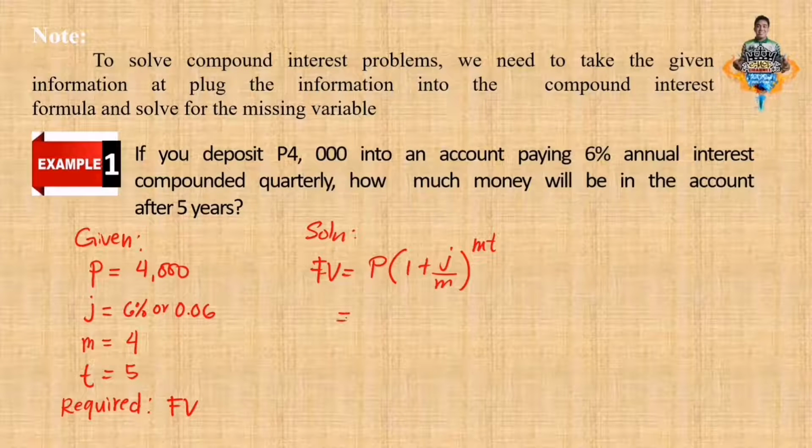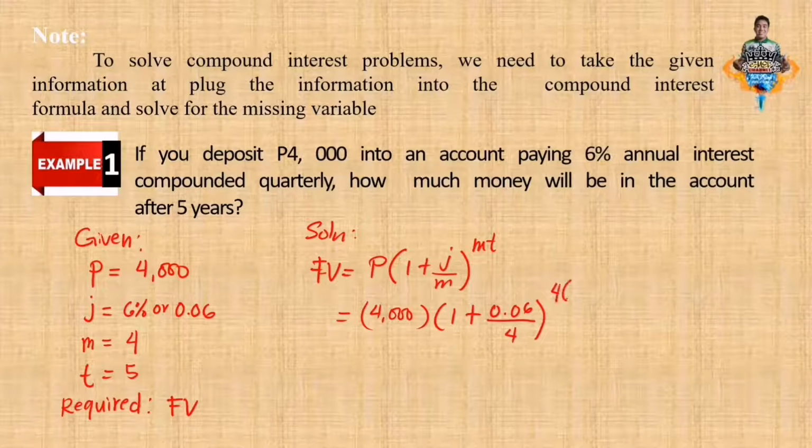Okay, so let's do the substitution. That is 4,000 times (1 plus J is 0.06 over M is 4) raised to the power of 4 times the years, which is 5 years. Now let us have your calculator and do this process so that we can arrive at the same answer.